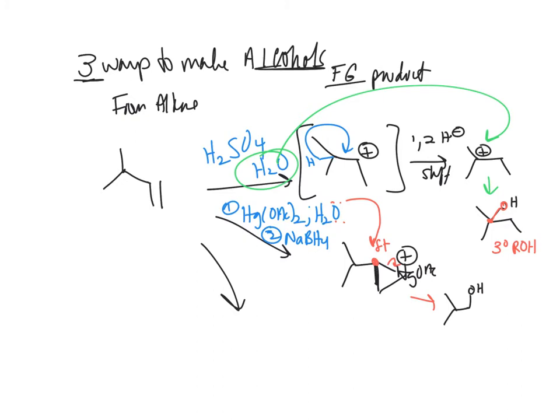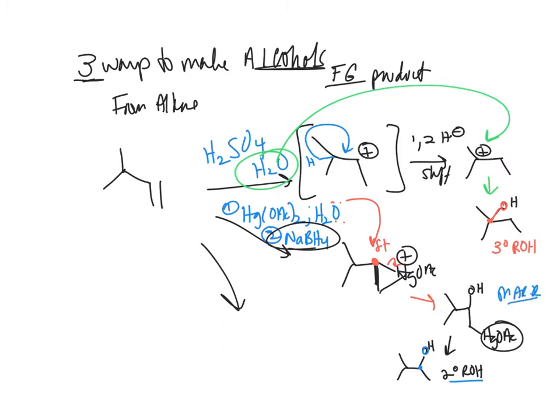There's your OH, and then this opens up some mercury acetate. You replace the mercury acetate with a hydride, and so you get a secondary alcohol. The carbon bonded to the oxygen is bonded to 2 carbons. That's a secondary alcohol. You get no rearrangement, and that's Markovnikov.